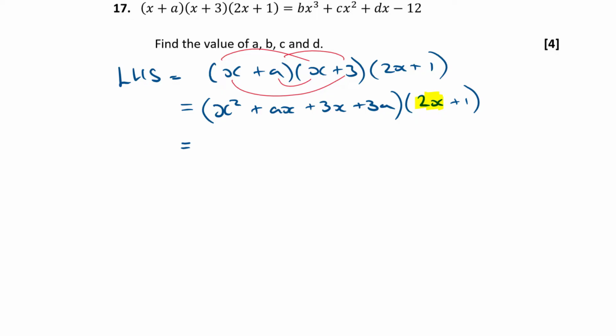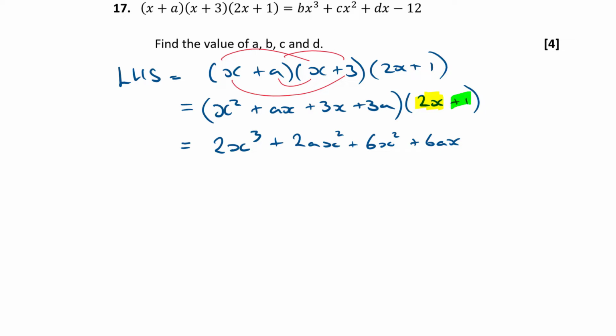So x squared times 2x is 2x cubed, and then ax times 2x is 2ax squared, and then I've got 3x times 2x, which is 6x squared, and then I've got 3a times 2x, which is 6ax. Okay, so I've multiplied my 4 terms in the first bracket by 2x.